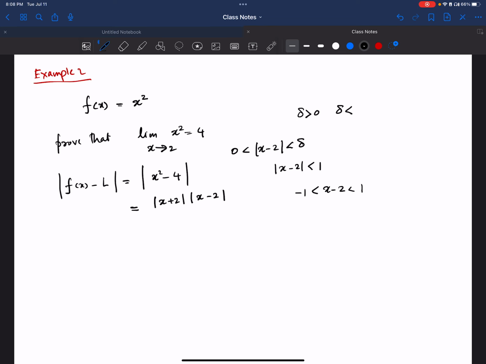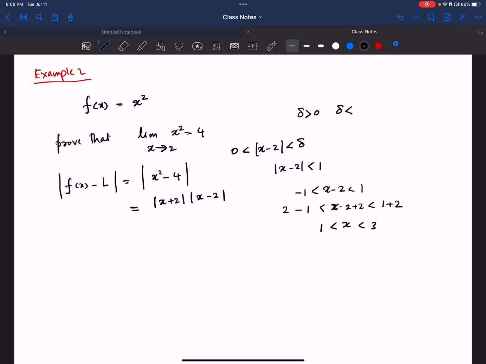So if you add 2 to each side, you have x greater than 1 and less than 3.